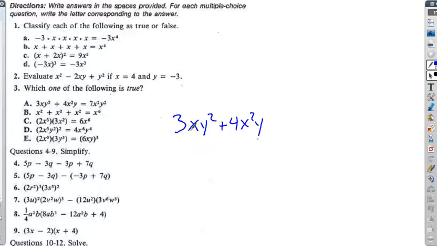Well, if I have x y squared, I can only combine the 3 that I already have with other x y squareds. This is x squared y. That is not the same as this. So therefore, I cannot combine them together to make 7. So really, this is already in simplest form. I can't do anything with that. So this is a false statement, and I'm looking for the true one.